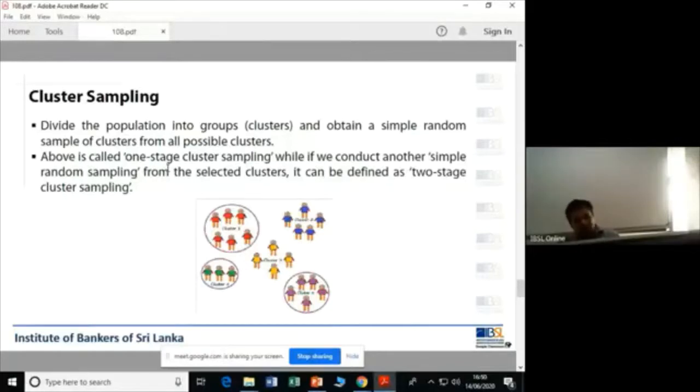Divide the population into groups, and obtain a simple random sample of clusters from all possible clusters. The above is called one-stage cluster sampling, while if you conduct another simple random sampling from the selected clusters, it can be defined as two-stage cluster sampling. Look at this given example.